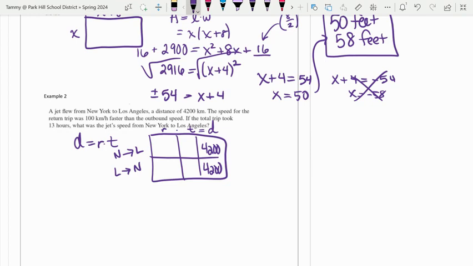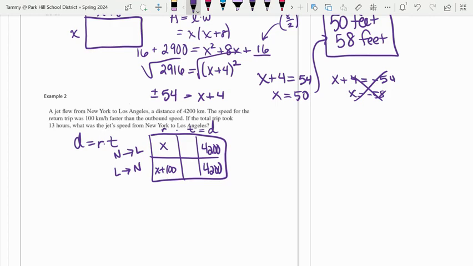The return trip was 100 kilometers faster than the outbound. So Los Angeles to New York would be x plus 100, and we'll make New York to Los Angeles our x.